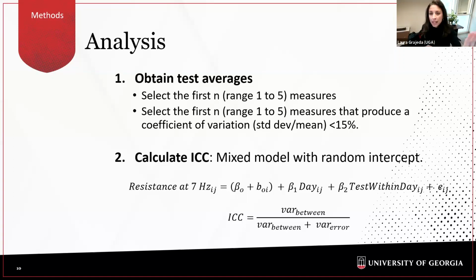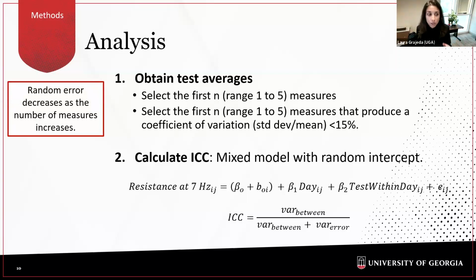So what I am saying here is, what's the difference in the reliability if I only take 1 measure? Or what happens if I take the first and the second measure, compared to what happens if I take the average of the first, the second, and the third measurement, and so on until I have all my measurements. This is important because random error decreases as the number of measurements increases.